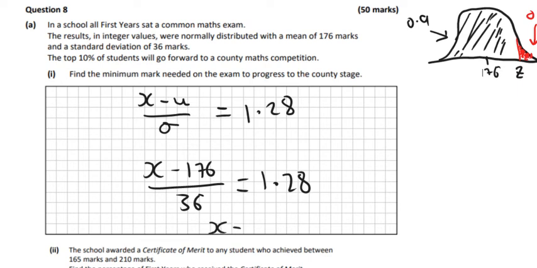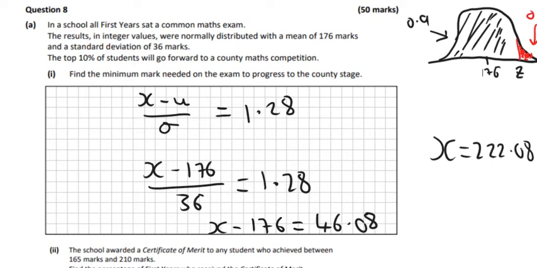So x minus 176 is equal to, we multiply by 36, 46.08, and then we just need to add on the 176. So we should get x equal to 222.08.